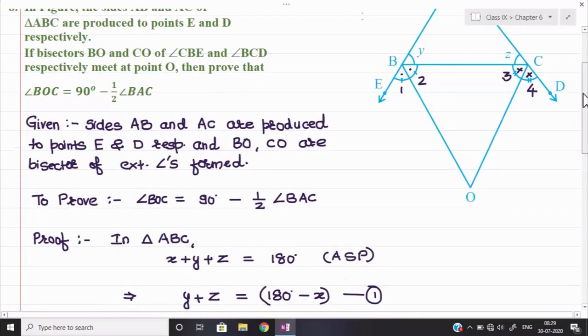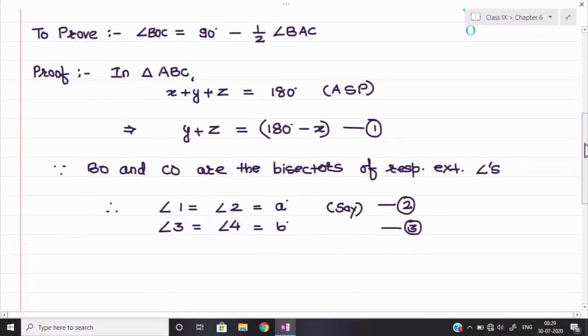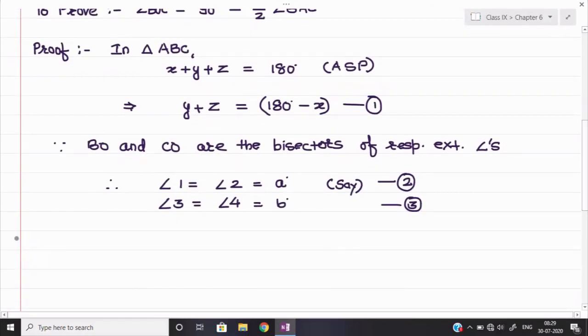Angle 1, 2 and Y. So now we shall write down, since angle 1 plus angle 2 plus Y is equal to 180 degree. Here reason we can give, by linear pair.